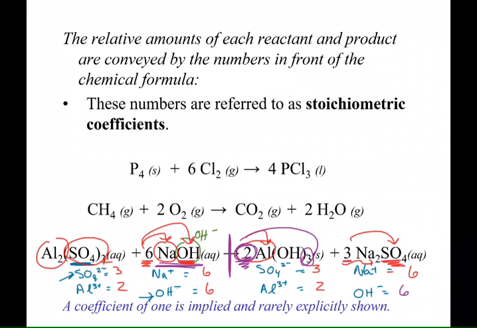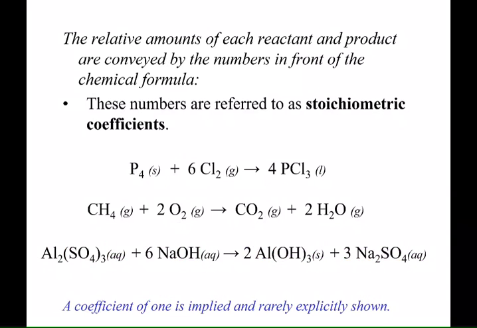Okay? So now match the 3, 2, 6, and 6 over here with the 3, 2, 6, and 6 over here. So that's all to say that these coefficients of 1, 6, 2, and 3 for the 2 reactants and the 2 products do go ahead and balance it.